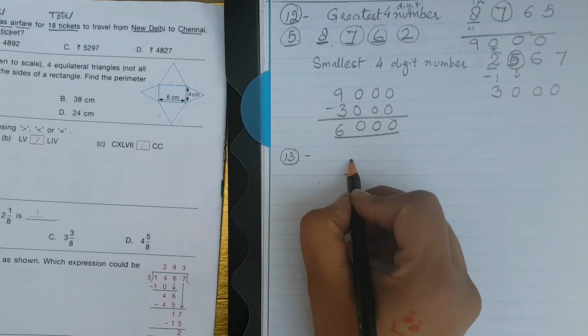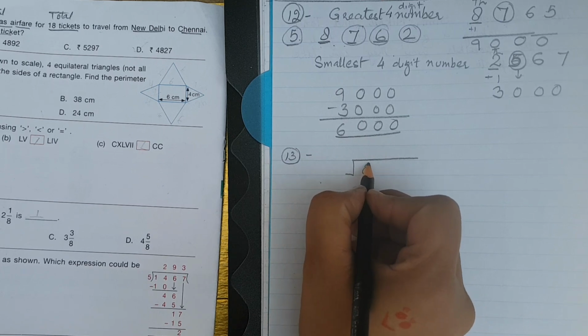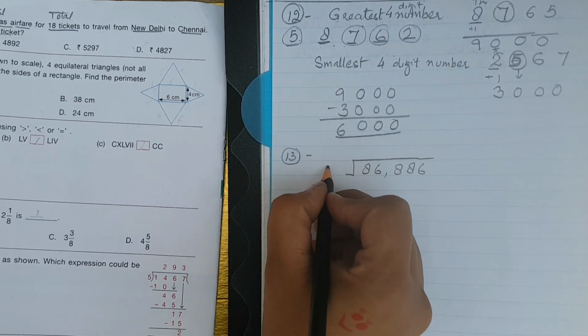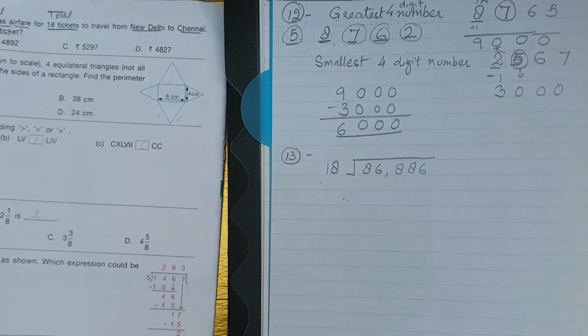What we have to divide here is the total fare by the total number of tickets.